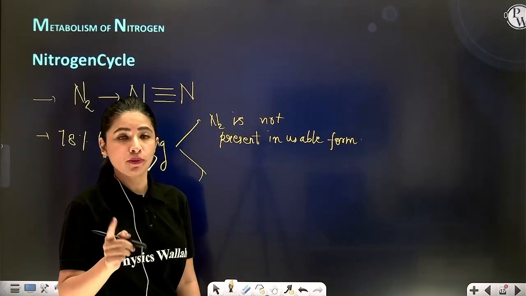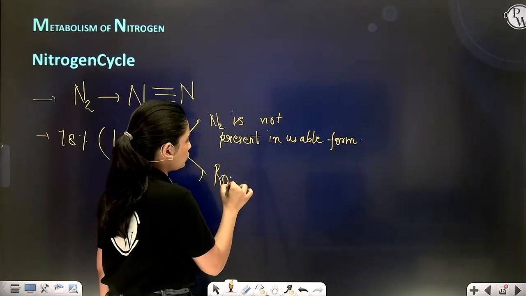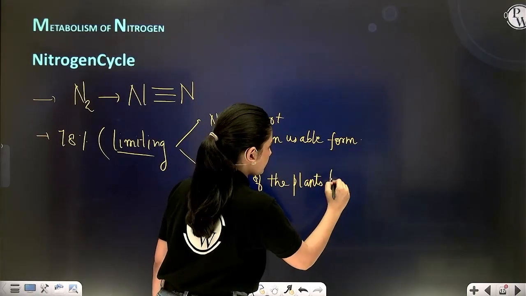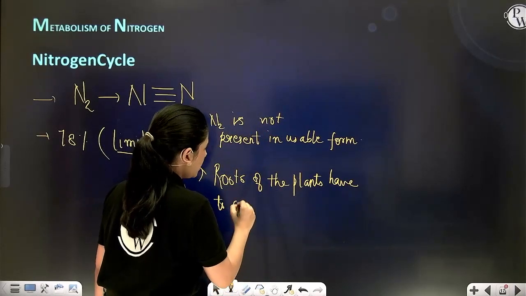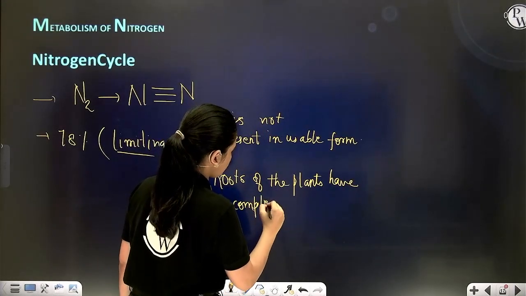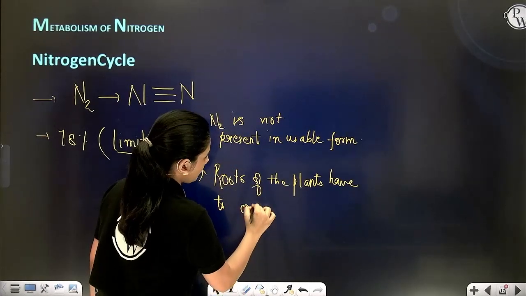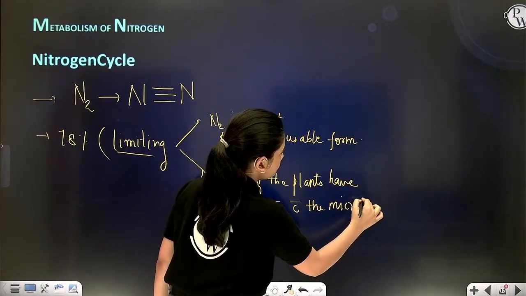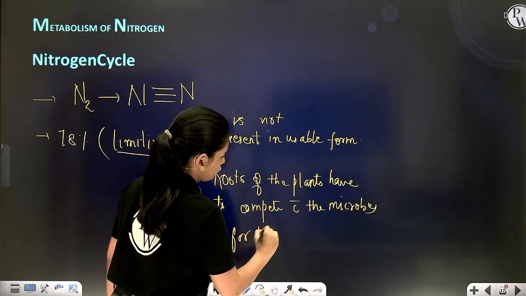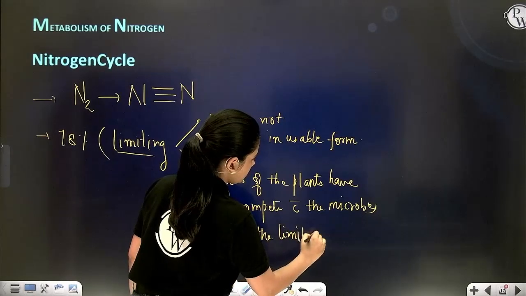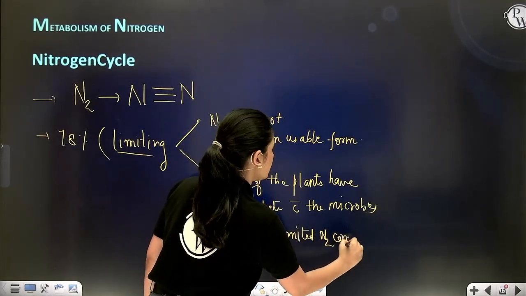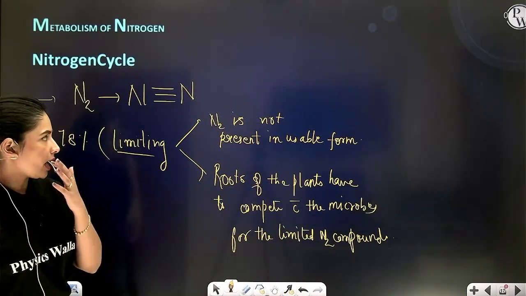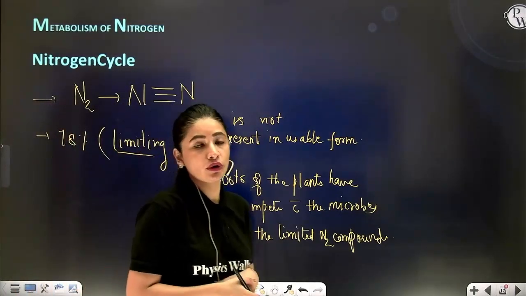Second, the roots of the plant have to compete with the soil microbes for the limited nitrogen compounds in the soil. Correct? Yes or no?